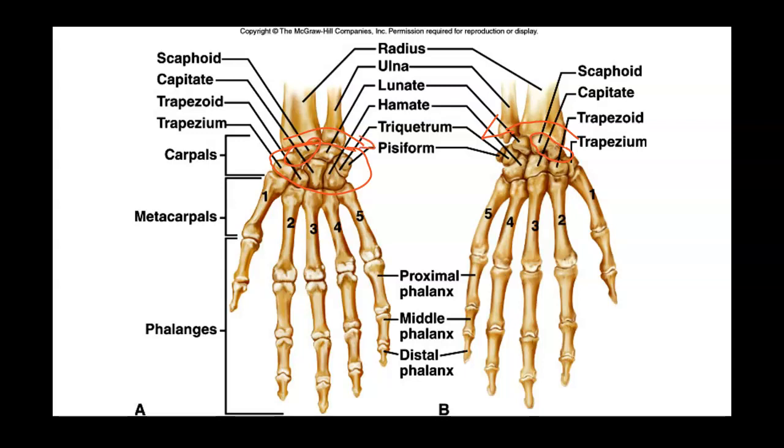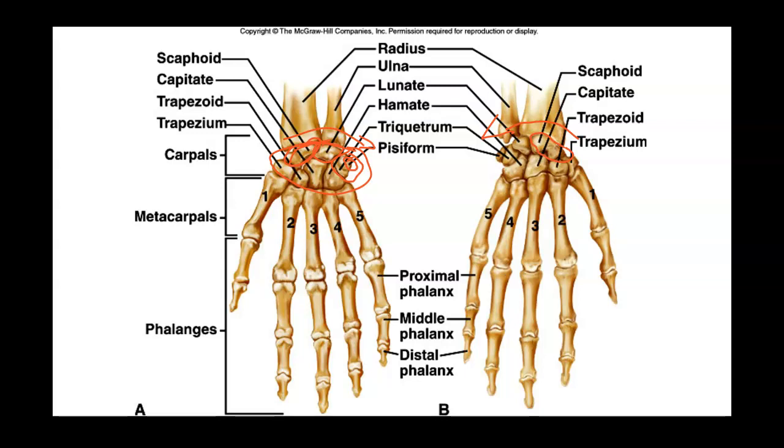And so think of it as Sally left the party. That's your top row. So you have your scaphoid, which is here, your lunate, which is there, and then coming on over, you have what's referred to as the triquetrum, and then on top of that is a very small bone called the pisiform. And so that's Sally left the party.